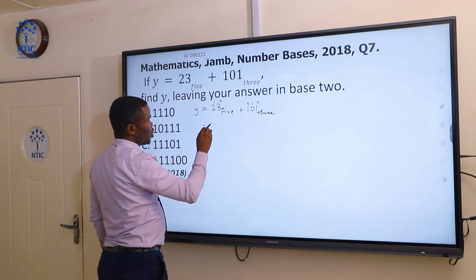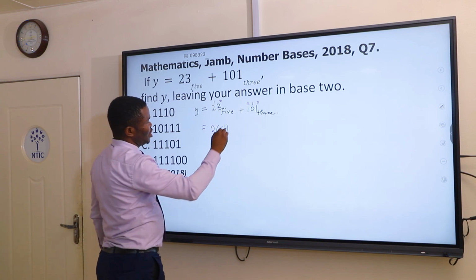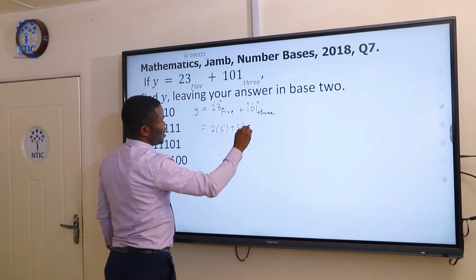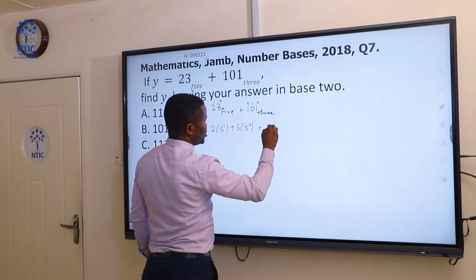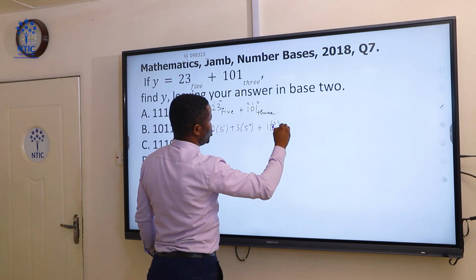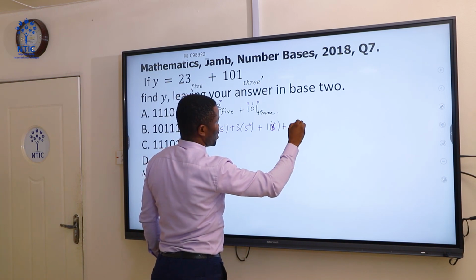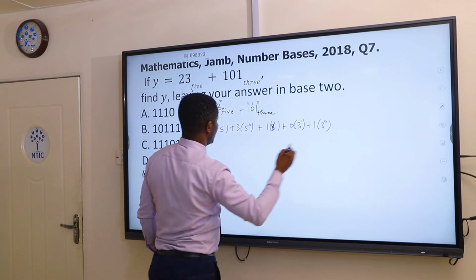So there we go. This is 2 times 5 raised to the power 1 plus 3 times 5 raised to the power 0 plus 1 times 3 raised to the power 2 plus 0 times 3 raised to the power 1 plus 1 times 3 raised to the power 0.